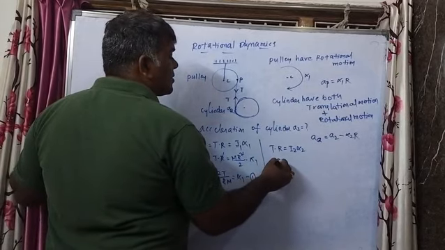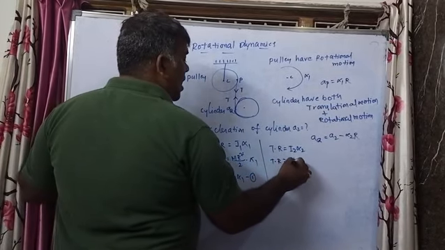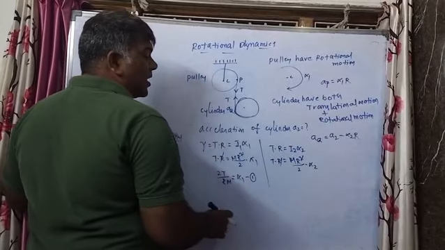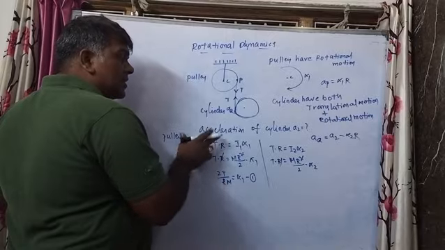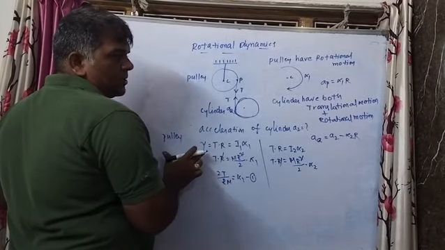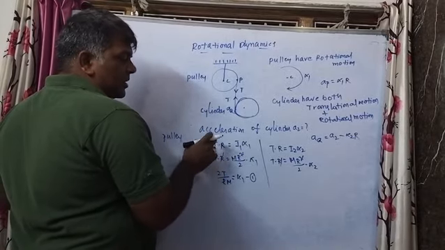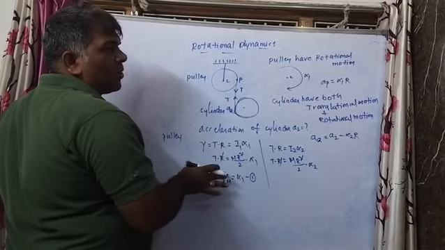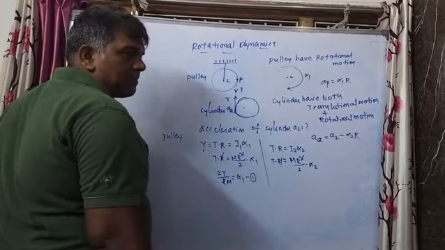Similarly, T into R is equal to M R square by 2 into alpha 2. So R and R get cancelled. The tension produces the torque: torque is I alpha, and torque is also T into R.